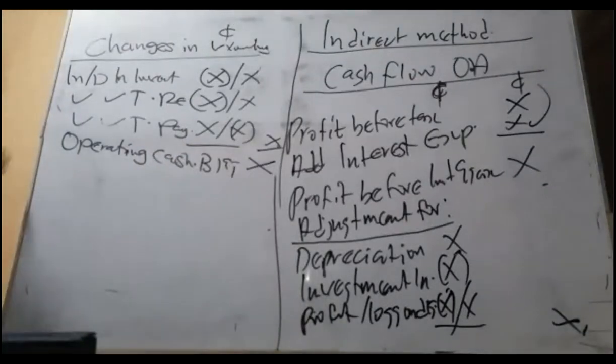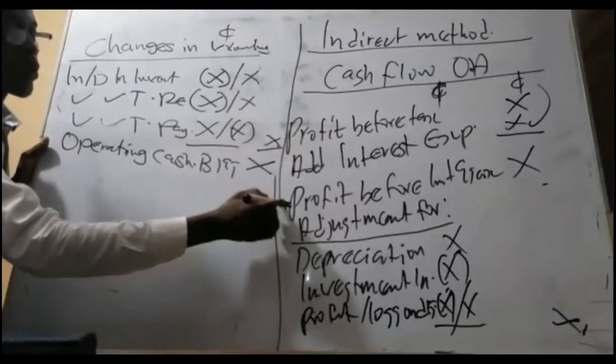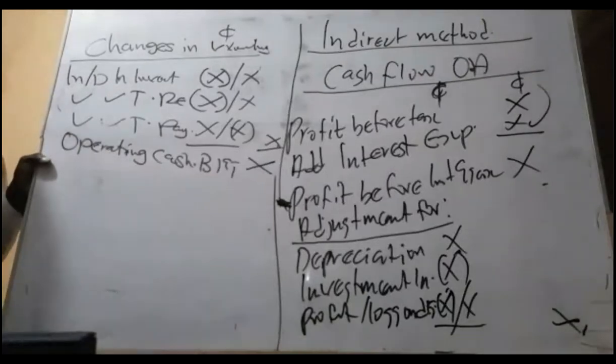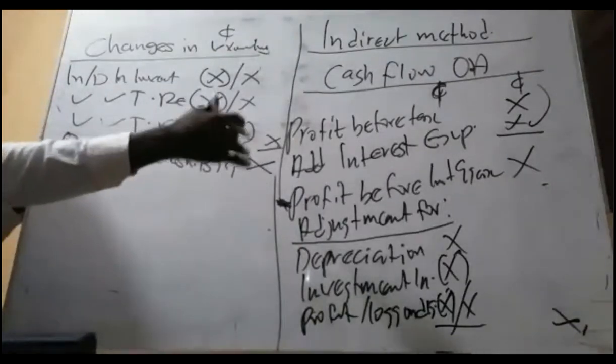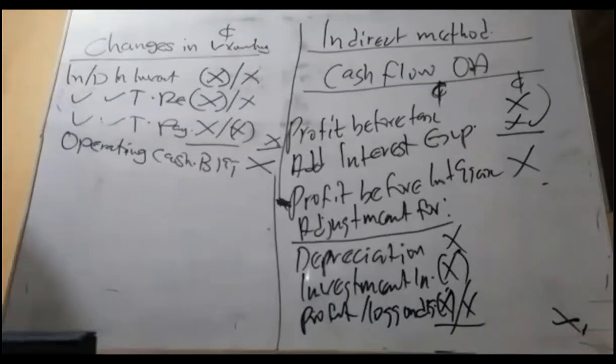That means we're able to massage profit before interest and tax to get the cash version of it with the help of the three items: non-cash items, alien items, and accruals. That's all. Great.